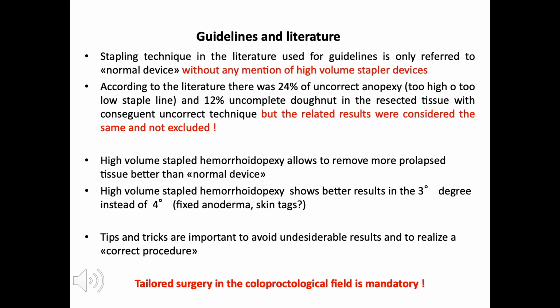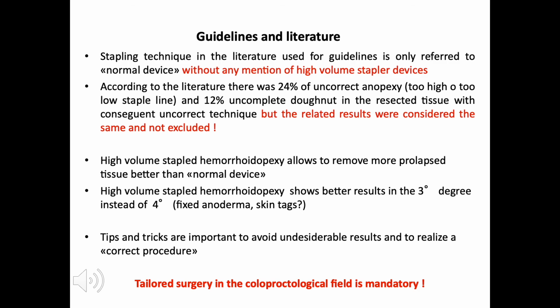If you analyze guidelines and literature, you can see that the stapling technique in the literature used for guidelines only refers to the normal device. No mention of high-volume stapler device.